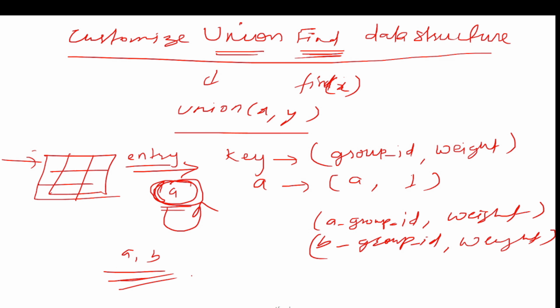If there are multiple nodes, a and b, then we write both entries, since there will be two nodes. You got my point? So to evaluate the query a by b, the question was how we are going to find a by b.